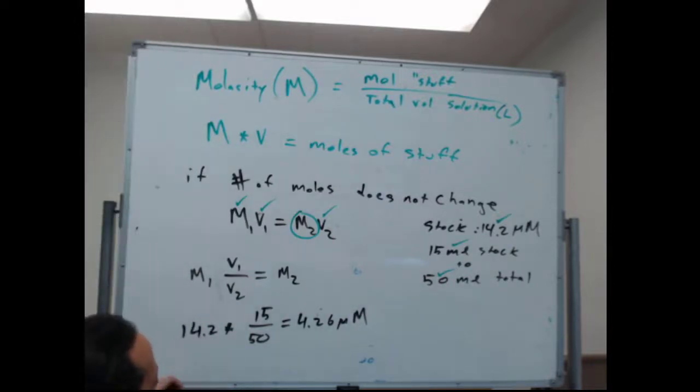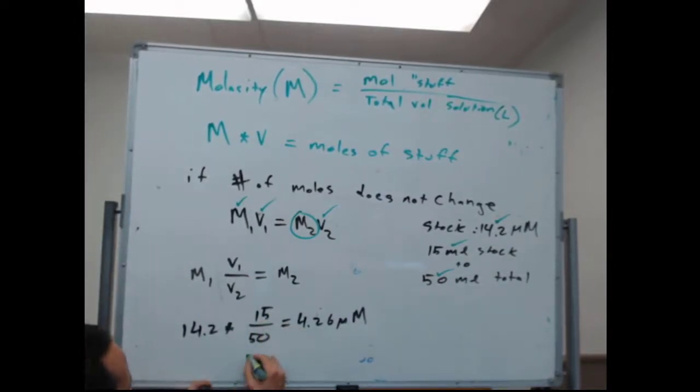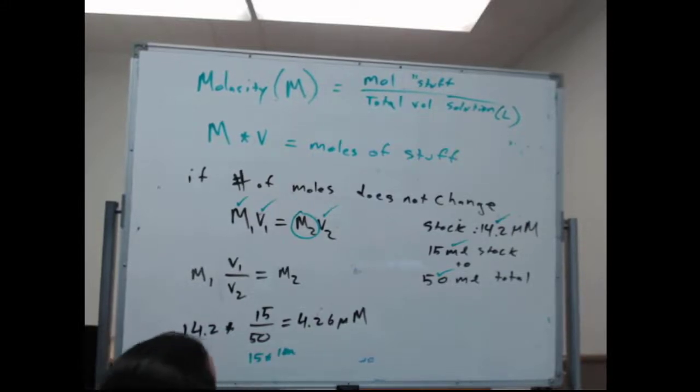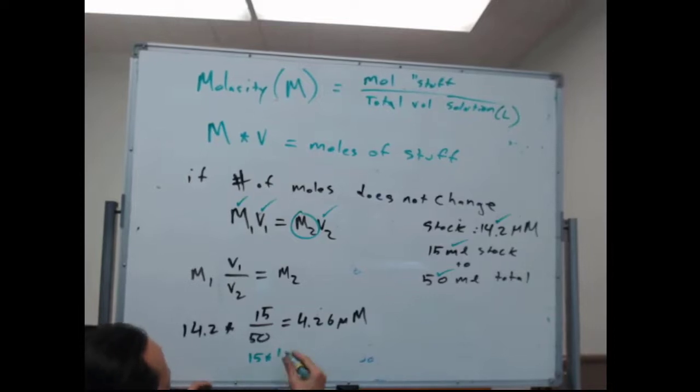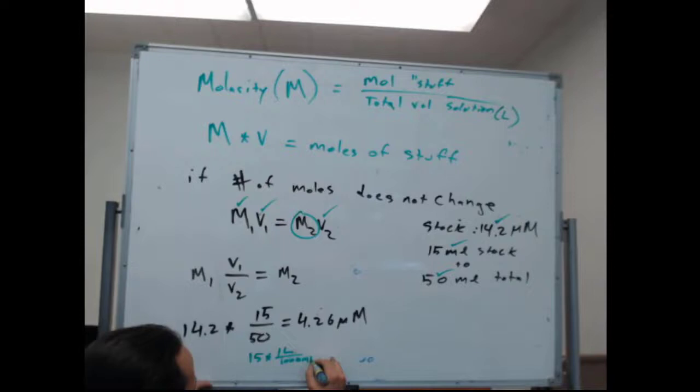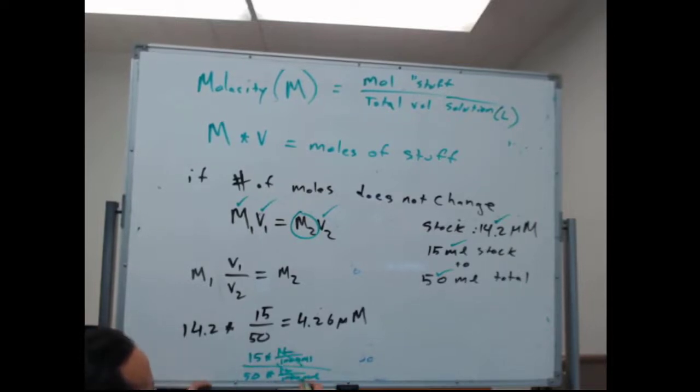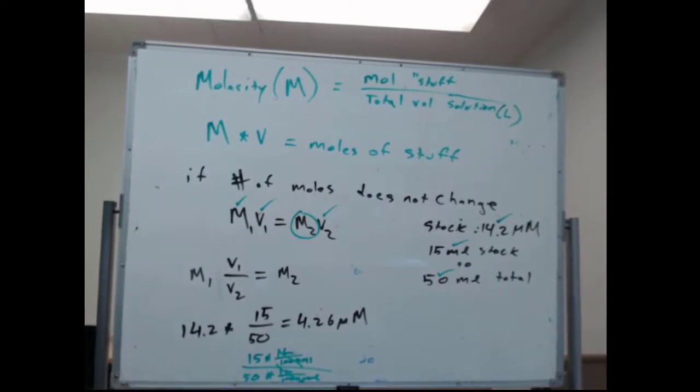So technically, I should have done this as 15 times 1 liter per 1,000 milliliters, divided by 50 times 1 liter divided by 1,000 milliliters. But notice the 1,000 milliliters cancels out anyway. So we still have unit consistency because we have that ratio.